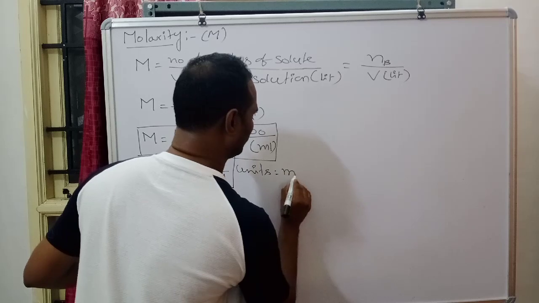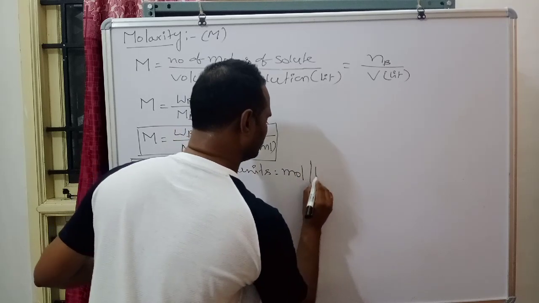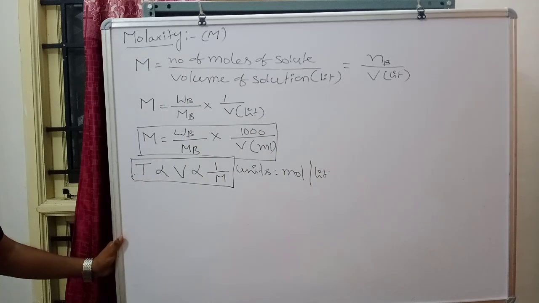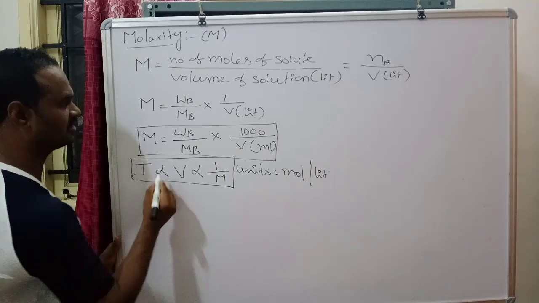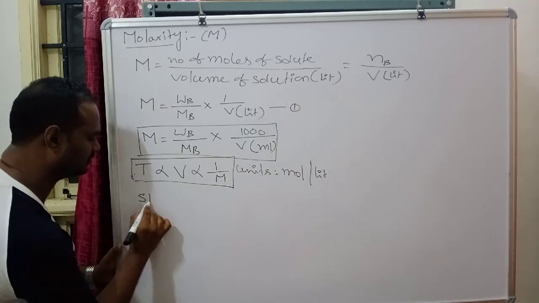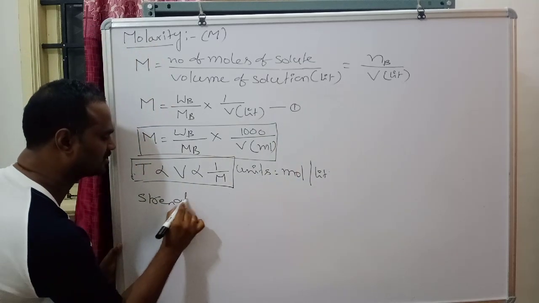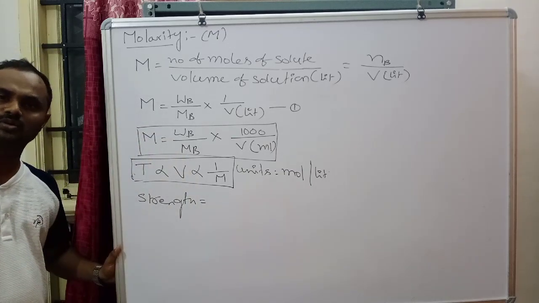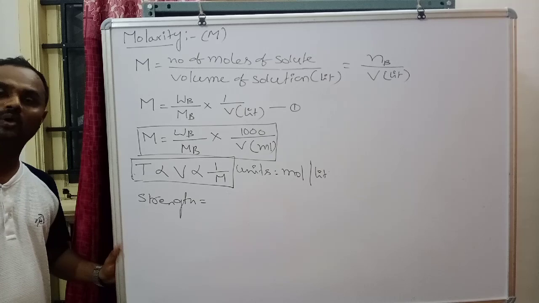Now, units of molarity: mole per liter. This is considered as equation 1. Now once again recall strength. Strength means the amount of solute dissolved in 1 liter of solution.